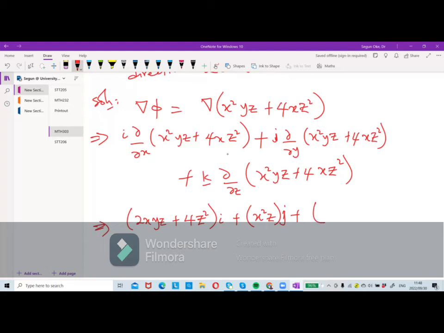With respect to z again, you have x squared y plus 8xz. Any question?